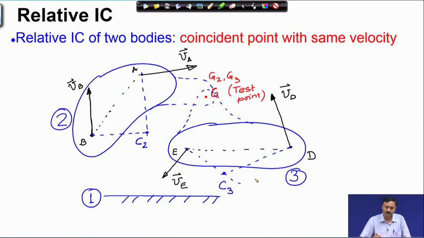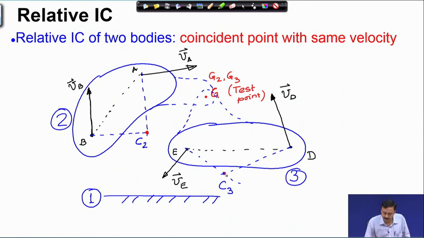Let me ask the question whether the velocity at G as seen from body 2 and as seen from body 3 are equal or not, because that is the relative instantaneous center of rotation. As you know, this point C2, why is this called instantaneous center of rotation of body 2? Because the velocity of point C2 as it belongs to body 2 as an extension of body 2 is equal to the velocity of the ground, which is 0.